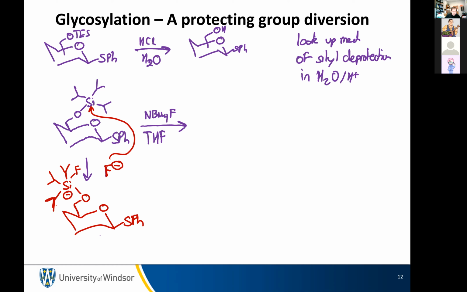And of course, it's going to break a bond. It's not going to break a silicon-carbon bond because that would generate a C minus, and that's really unstable. It could go back and break the silicon-fluorine bond, but that's a really, really strong bond. We've just formed it. The only bond that's left to break is the silicon-oxygen bond, and that's what it does.